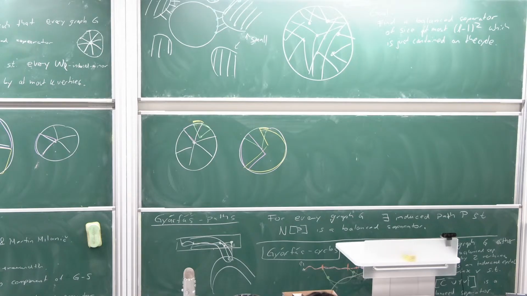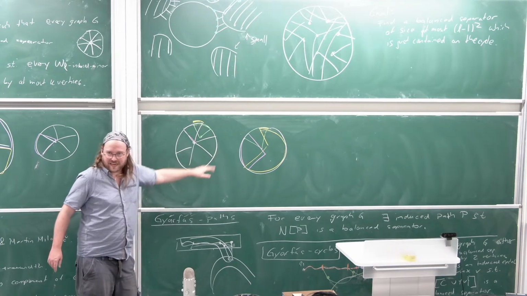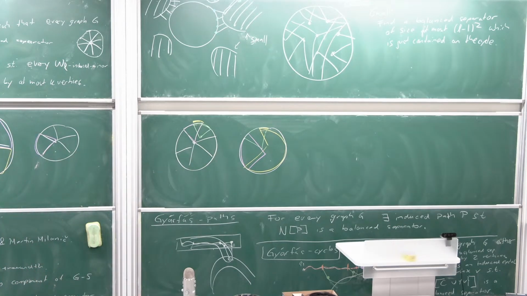But that's not L squared. No, the L squared came from here. So this is 3 times L minus 3 in this case. But in order that we can make our choice of which is the heavy segment, we had L minus 1 squared.